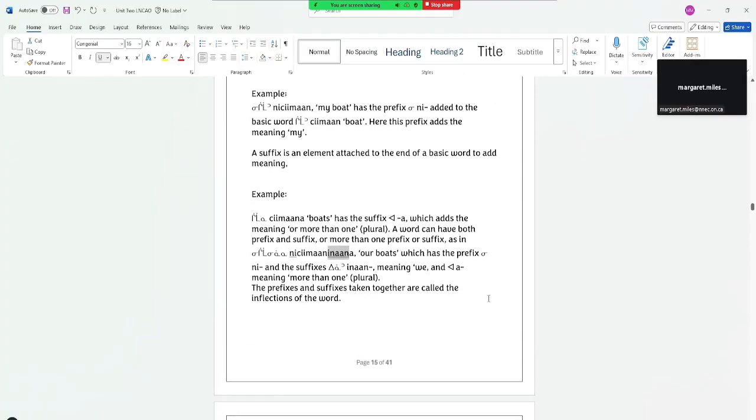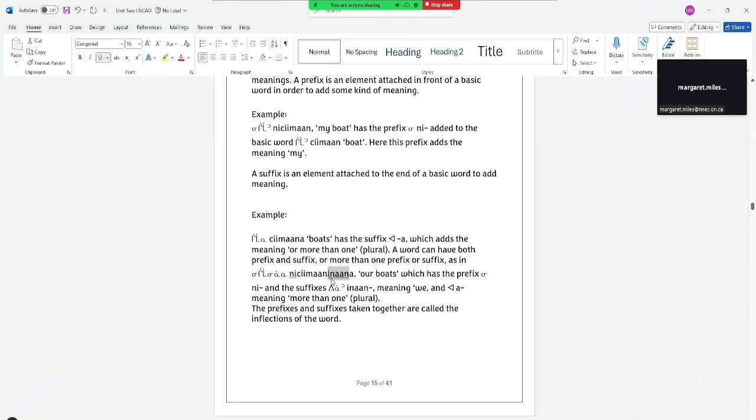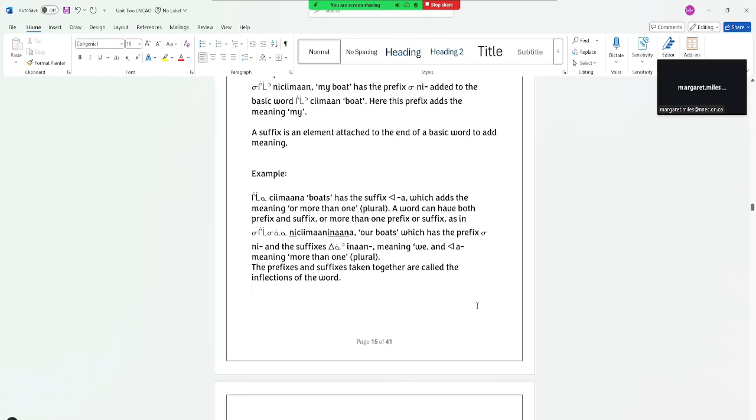So again, attached in front of the word and attached at the end of the word, those are prefixes and suffixes. We is also attached at the end of the word, and plural, more than one.